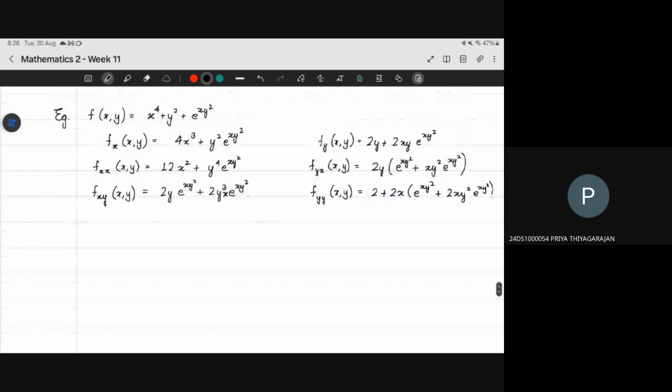So this is where we have Clairaut's theorem. Not sure if I'm pronouncing the name correctly. I think it's pronounced as Clairaut. Let me write this statement just for the two variable case first.